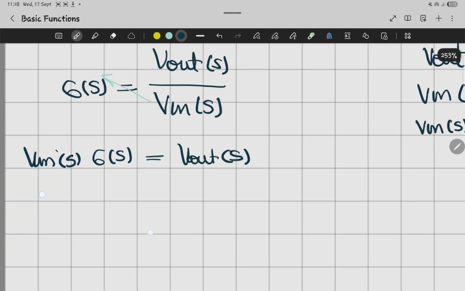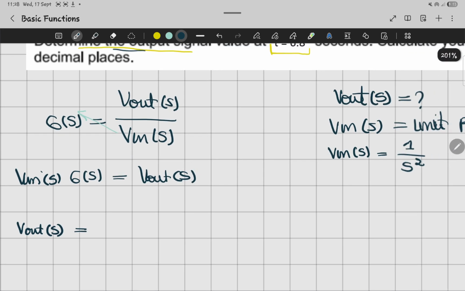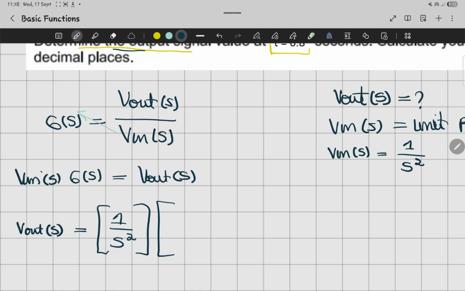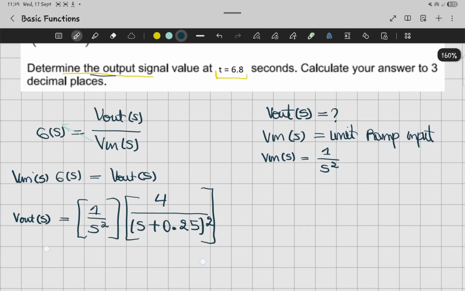We need to write the complete equation for V out, which is V in, which is 1 over s squared, times the transfer function that we had, which is 4 over (s plus 0.25) squared. This is what you're going to get for V out.